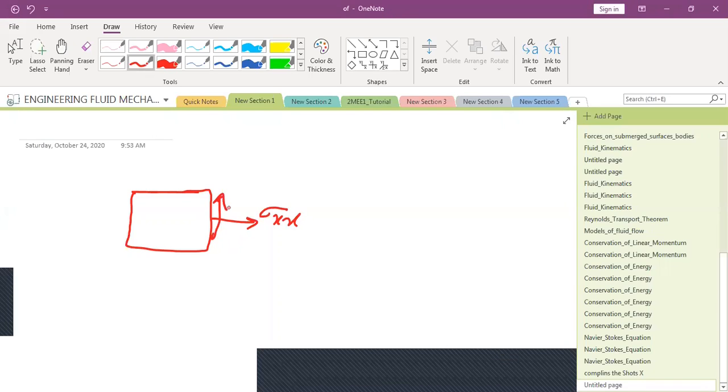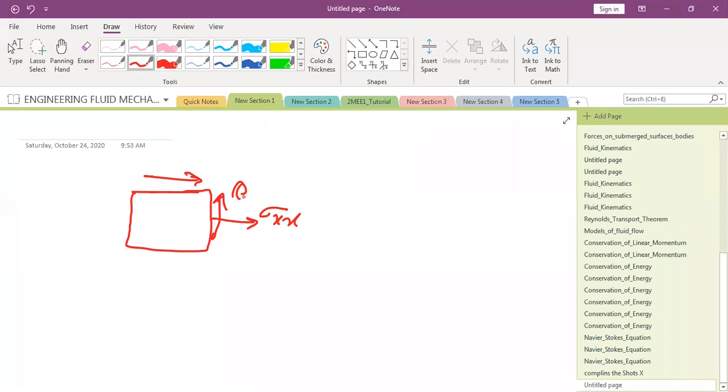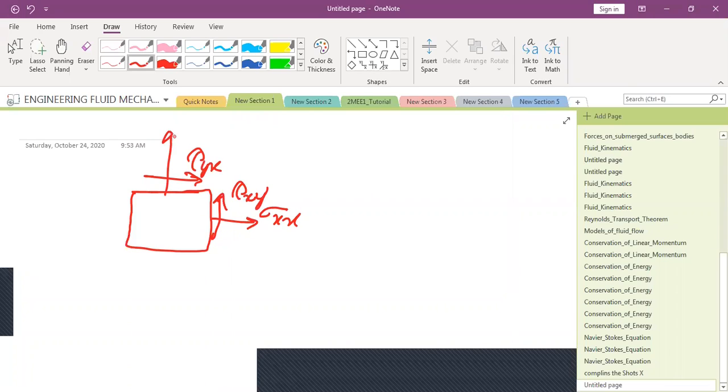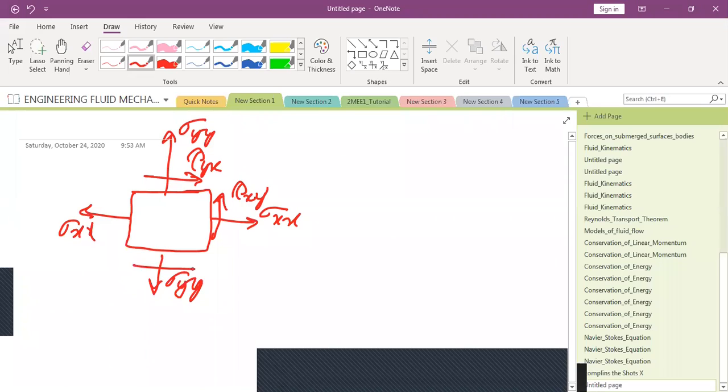This was tau, what should I write down here? This should be tau xy. This is tau yx. And so this is sigma yy. And this is, say, again sigma xx. This is sigma yy. And this is tau yx. And this is tau xy.